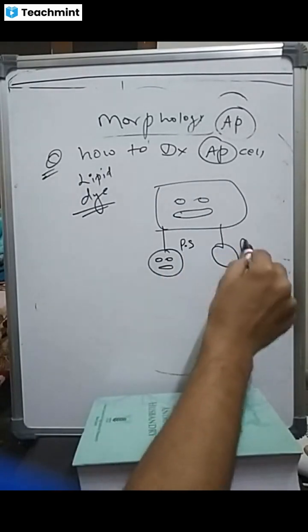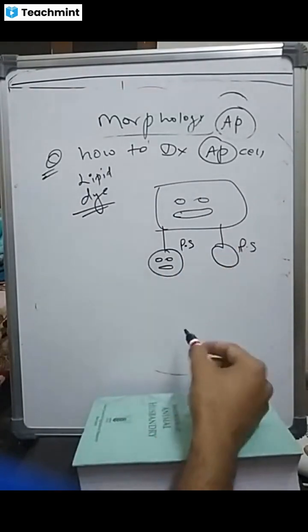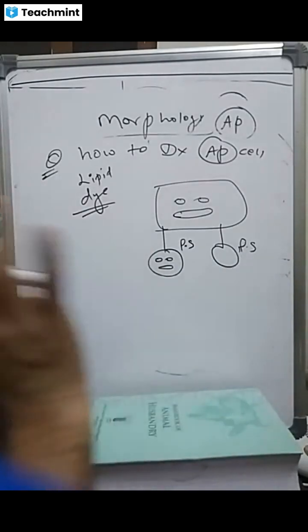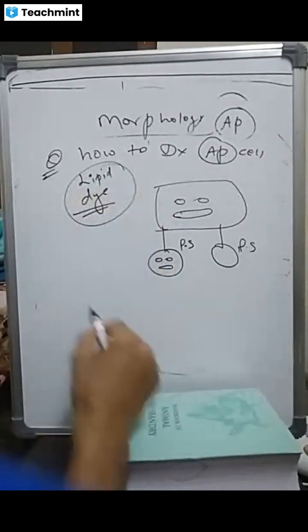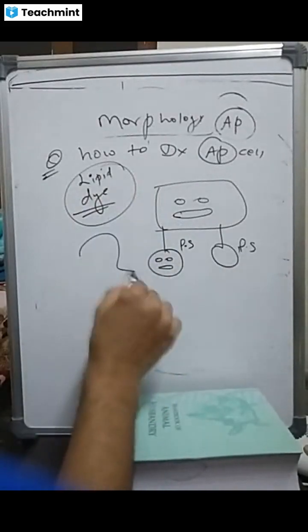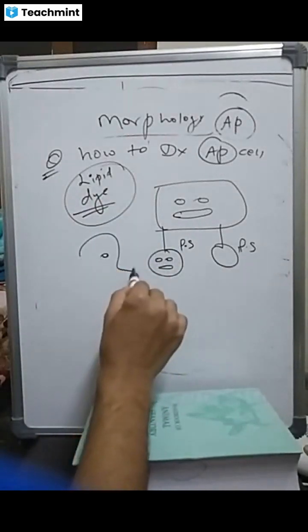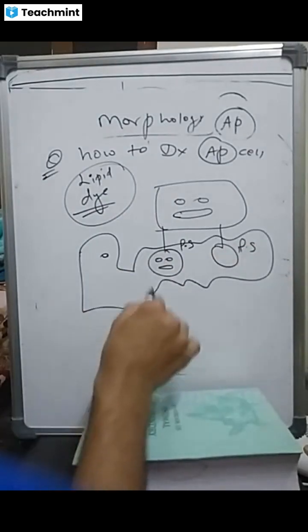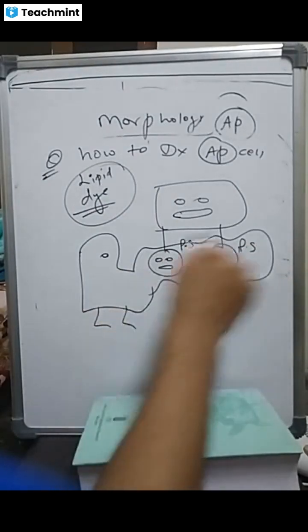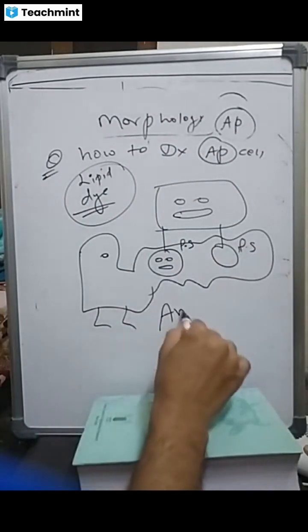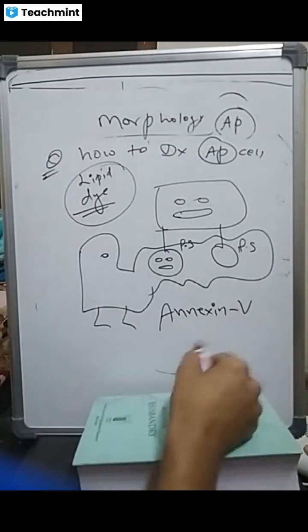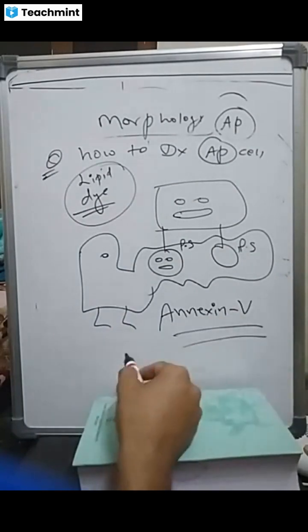This is also phosphatidylserine. If we have some lipid dye which combines with it, this dye is known as annexin V.